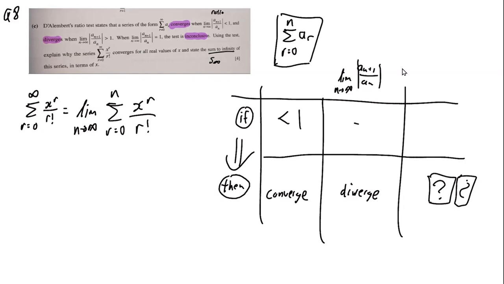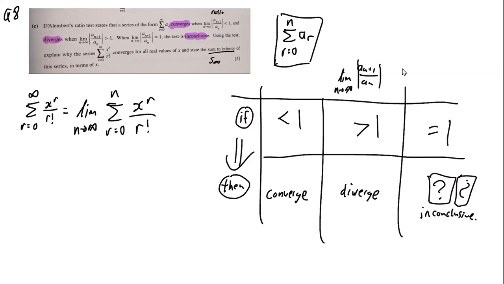If it is more than 1, then we conclude that it diverges. And the last one is when it's equal to 1, it will be inconclusive. Means we don't know whether this summation will diverge or converge. We need to use other techniques to deduce the behavior.